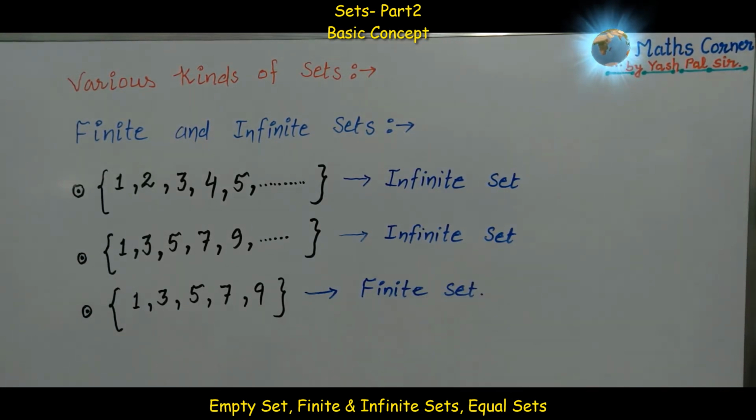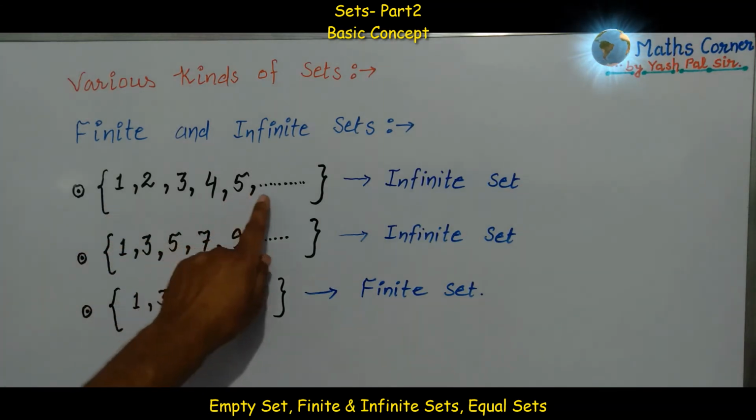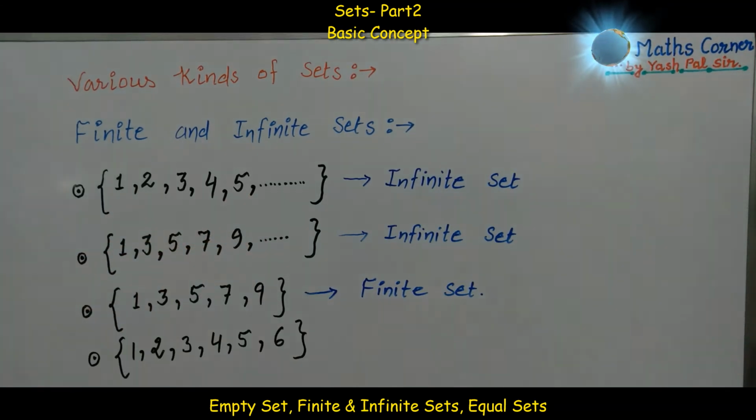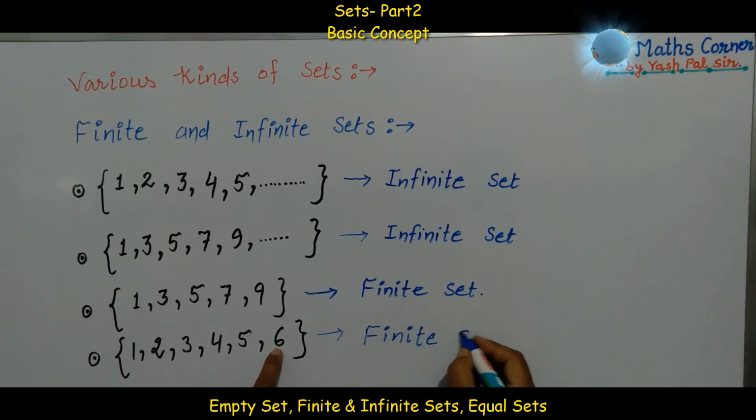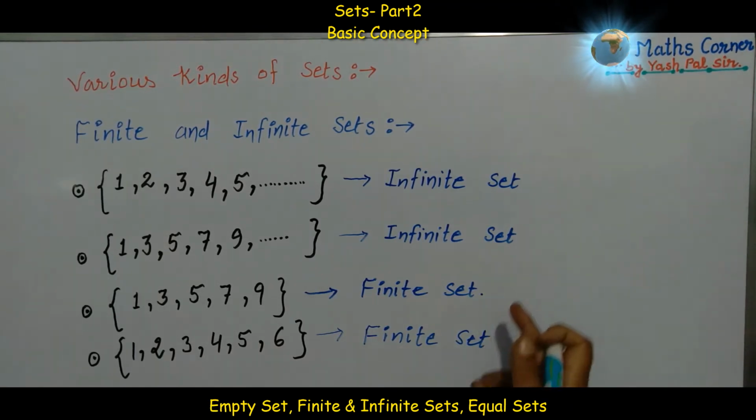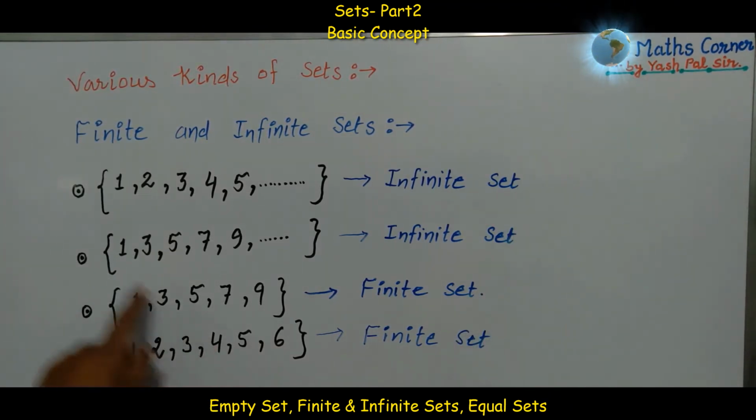Likewise, if we write the elements as 1, 2, 3, 4, 5, 6, the collection of all natural numbers greater than or equal to 1 but less than or equal to 6, it is a finite set. So with these examples we can categorize sets as finite or infinite.